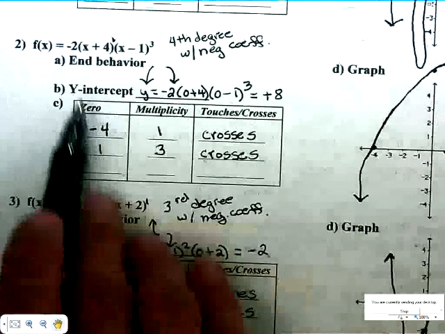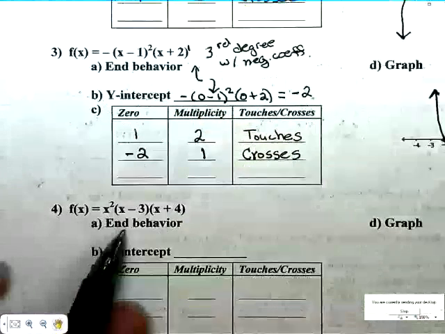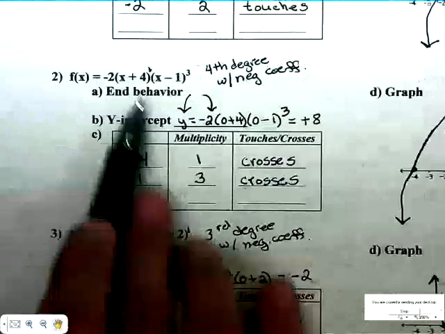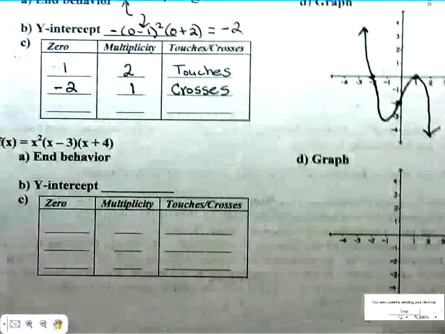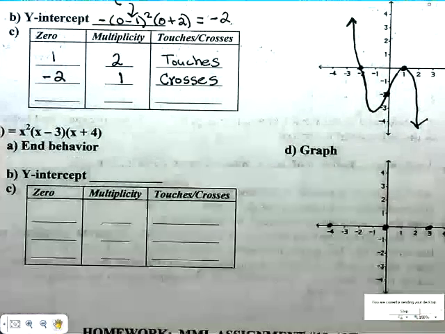See, if you set -2 equal to 0 right here, -2 doesn't equal 0 no matter what x is. But if you set x equal to 0, 0 is one of your x-intercepts. You just can't set a constant equal to 0. So this graph has 3 x-intercepts, -4, 0, +3.